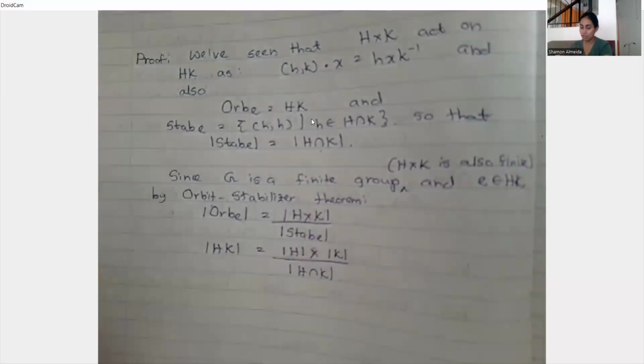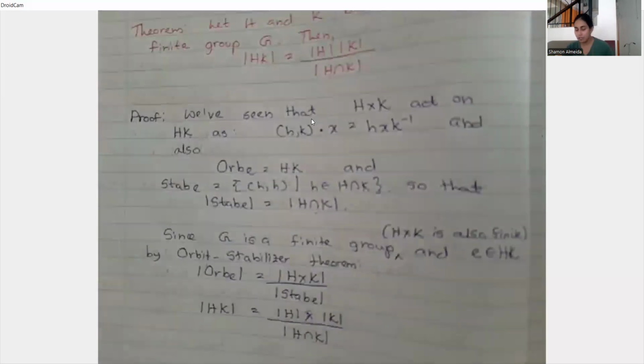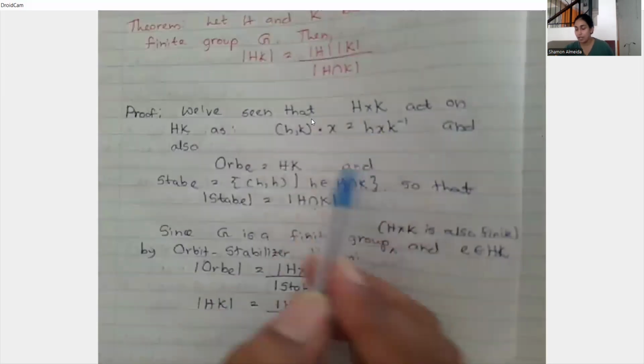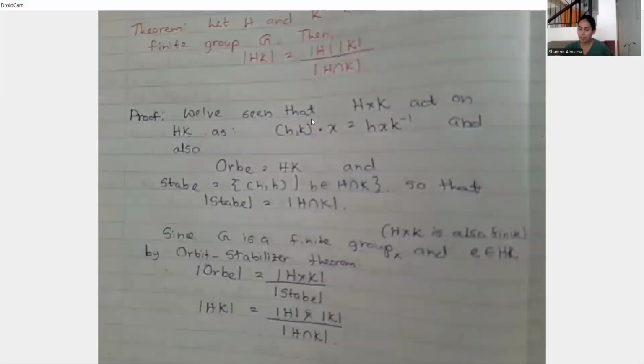If we go over this once again, G is given to be a finite group. We are simply taking the subgroup of G, which is H cross K, and we defined its action on the product HK given over here. Because G is finite, the subgroup H cross K is finite, and even HK is finite.